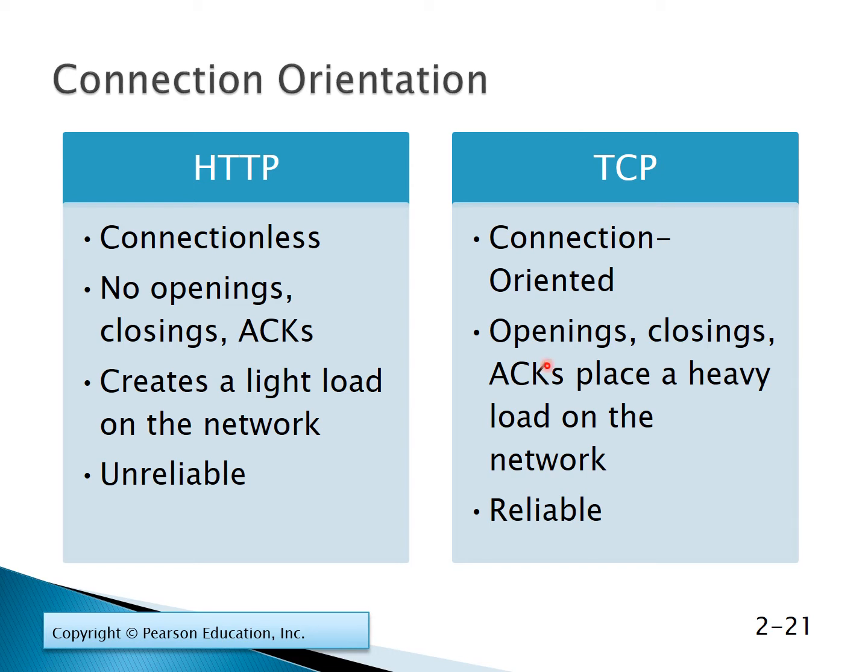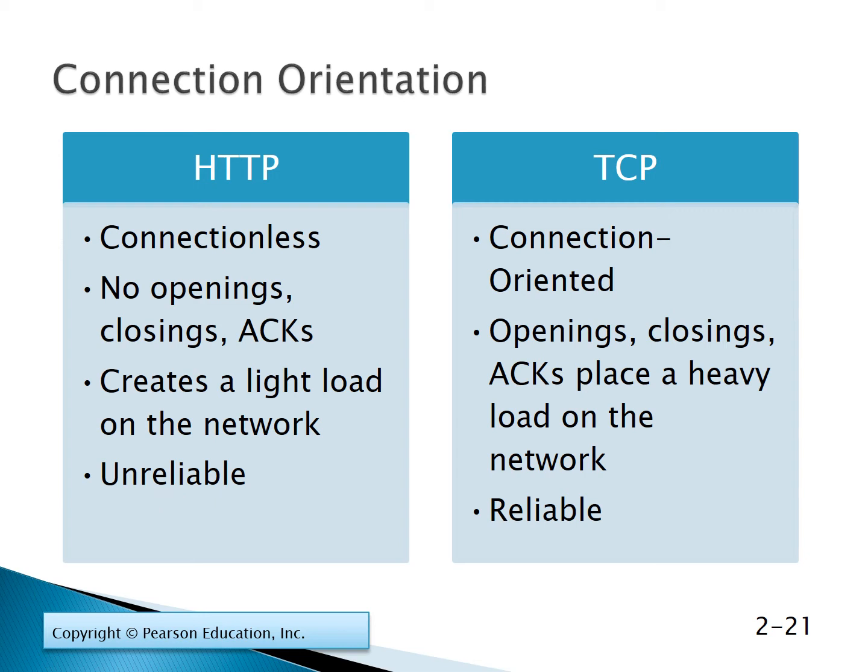And then TCP, we have acknowledgement. But you see, there are a lot of acknowledgements taking place in TCP. So all these acknowledgement messages place a very heavy load on the network because there are so many types of communications. Also because of this acknowledgement, we say that TCP is a reliable protocol, and HTTP, as you say, is unreliable.